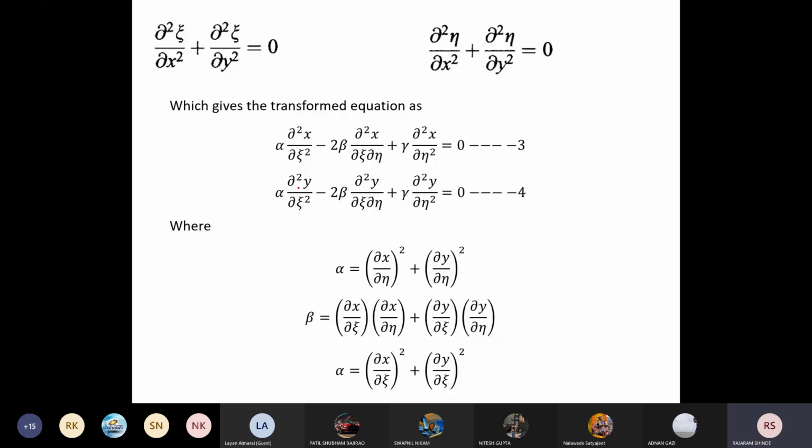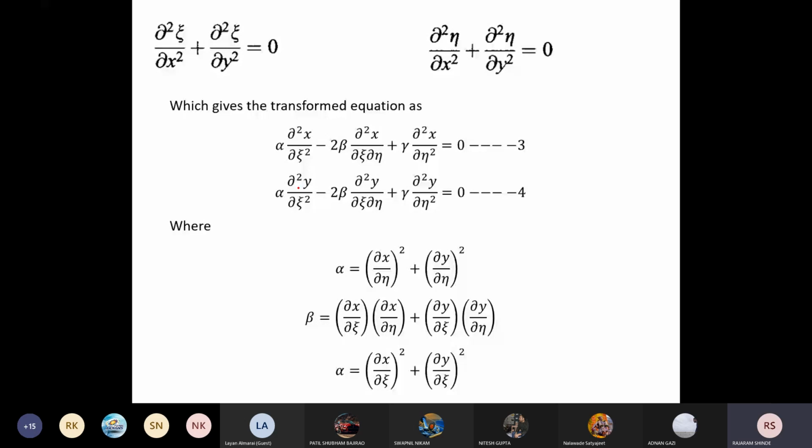This is the inverse transformation, where alpha is equal to the square of the derivative of x with respect to eta plus the derivative of y with respect to eta, and beta is equal to x with respect to xi times x with respect to eta, plus y with respect to xi and dy by d eta. Gamma is the square of x with respect to xi and y with respect to xi.